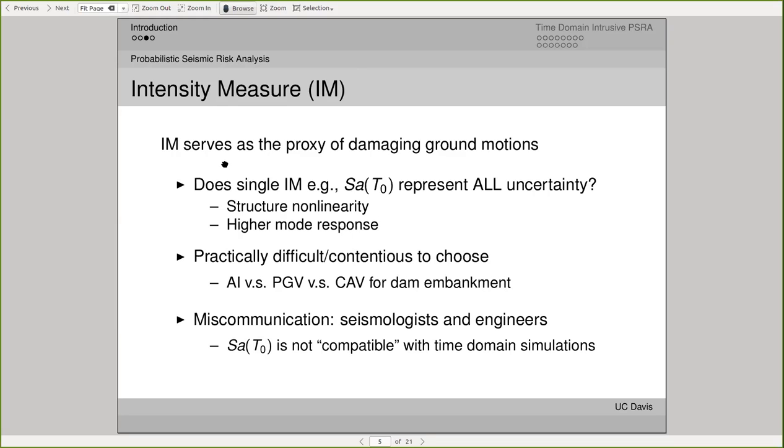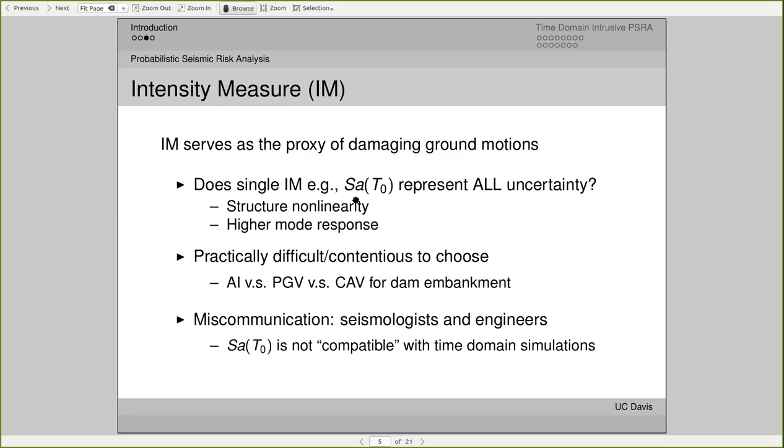The intensity measure is supposed to serve as the proxy of the damaging ground motion on the engineering system. However, the problem is whether a single intensity measure can represent all the uncertainties in the ground motion that are critical or important to the structure damage.